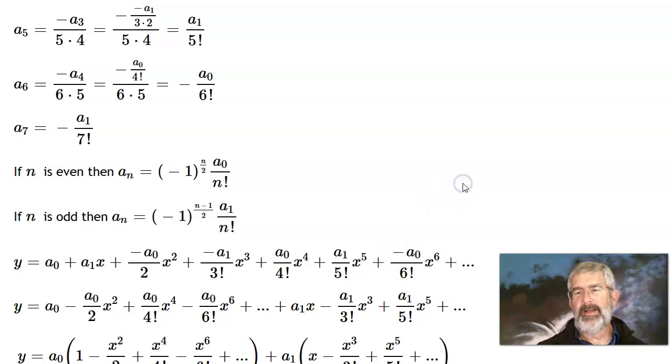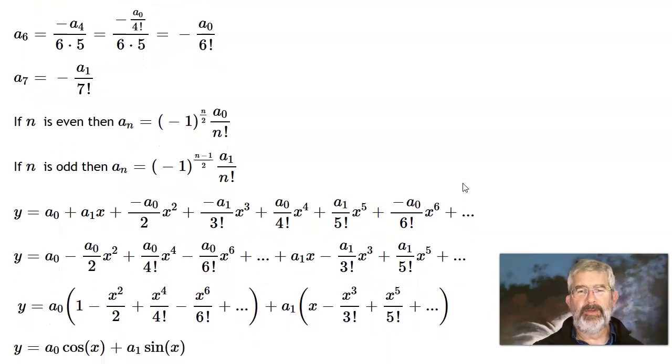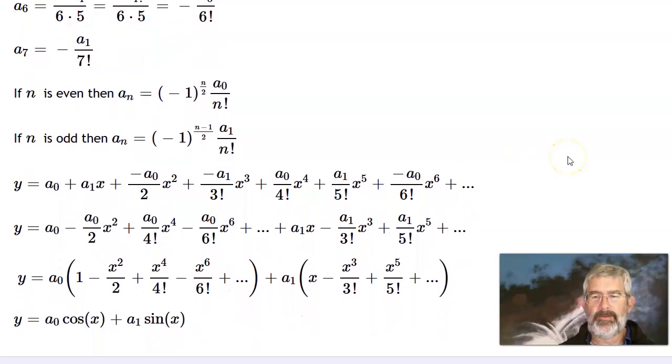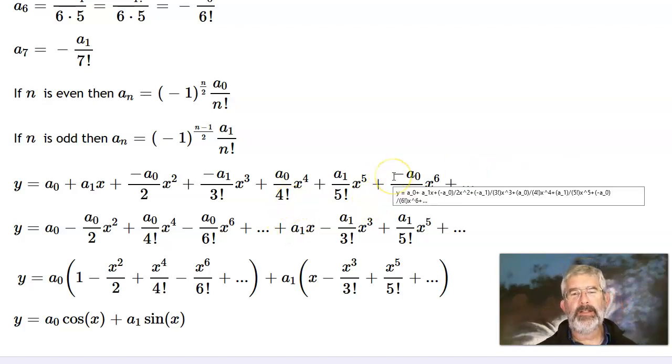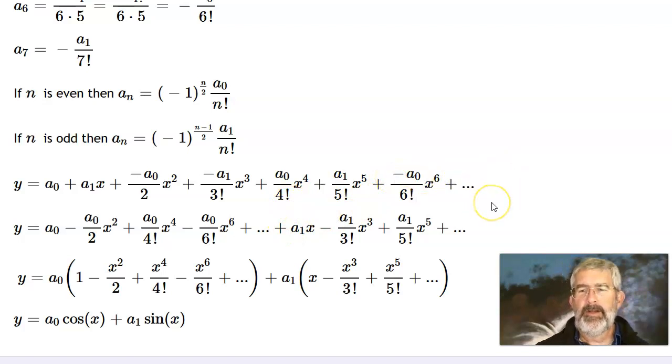And as I said in previous videos, when you're rearranging a power series, changing the order of addition, you've got to be very careful. You've got to make sure you're within the interval of convergence. So I'm going to state that as I do this rearranging, I'm only going to consider it valid if the x values are within the interval of convergence.